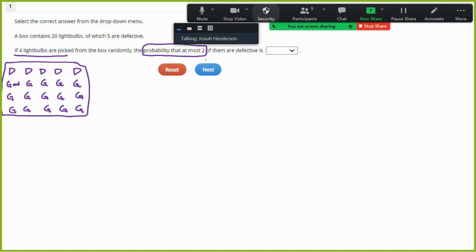So I want you to think about this example like we were doing probability of 0 defective or probability of 1 defective or probability of 2 defective.